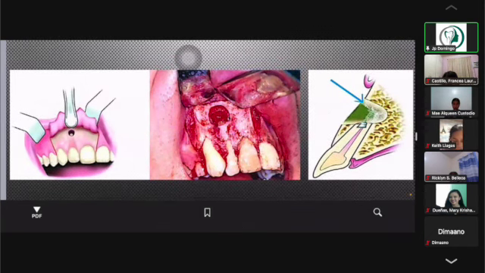This is now the temporary obturation of the bony cavity. So, tingnan niyo yung illustration tsaka yung picture sa may left side. Bleeding in the bony crypt must first be controlled before attempting to place the retrograde filling material.